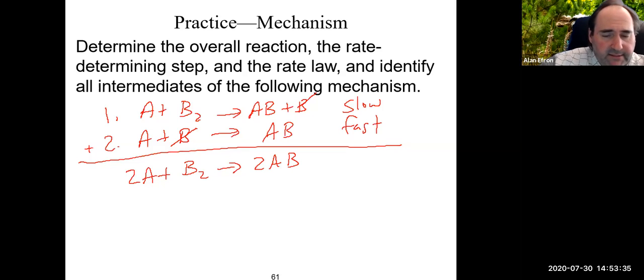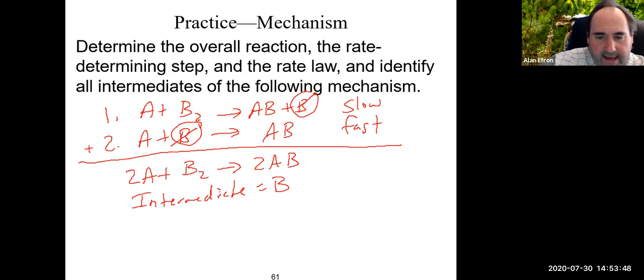That also means that the only thing we canceled out was B, and that would mean that B is our intermediate. And as we talked about, since it's labeled slow and fast, that means that our slow step is our rate determining step.